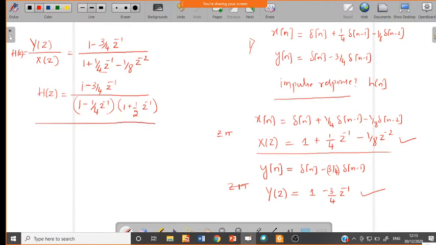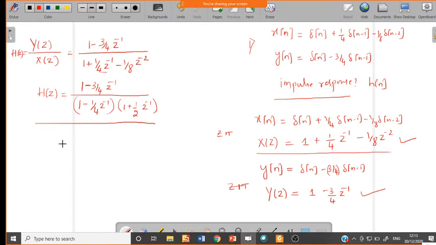Then you can find out the values of A and B or constants k1 and k2, whatever constants you use. Okay. So now we can get the individual H of z. Then taking inverse z transform, we will get the impulse response. So now find out the values of A and B or k1 and k2 using the partial fraction expansion method.